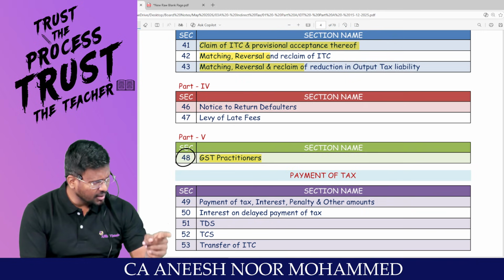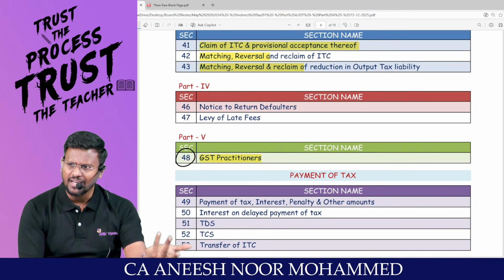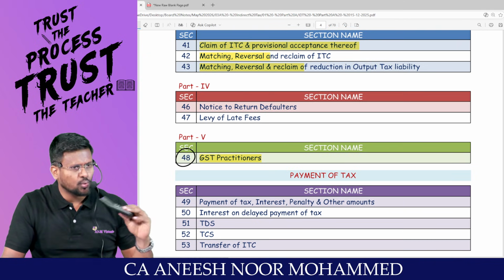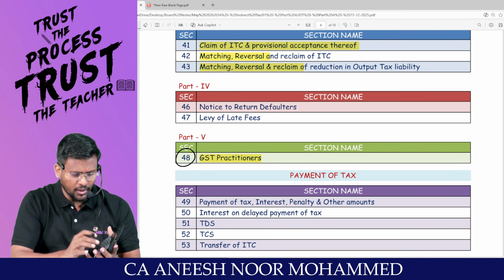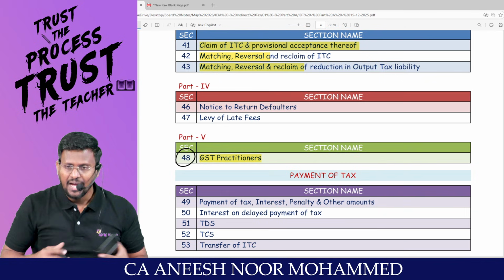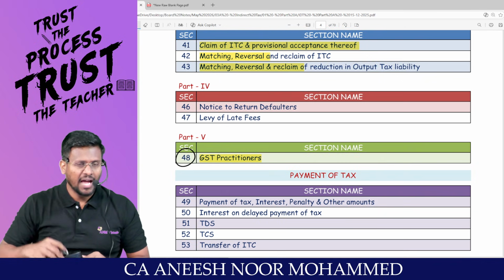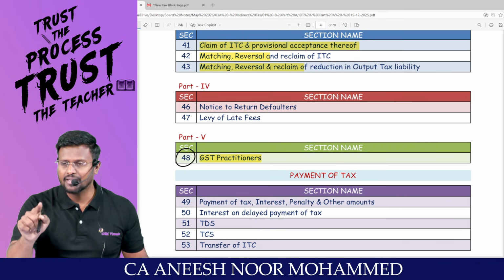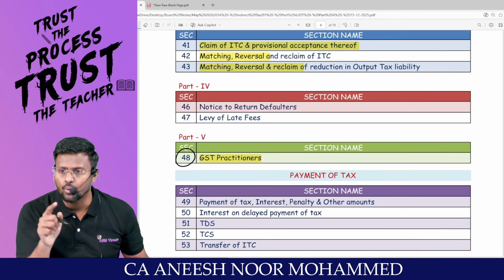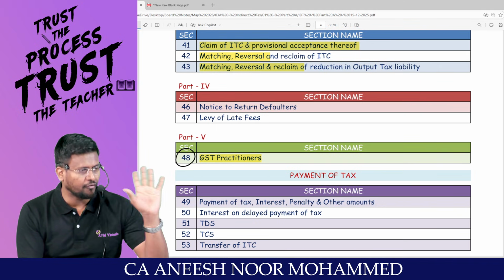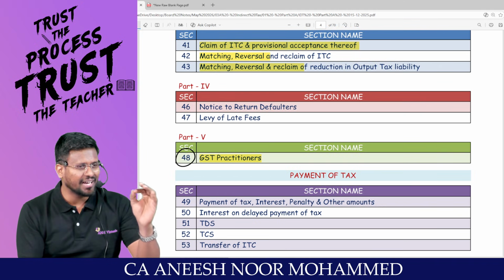Are you filing your return? At the time of filing the return, pay the tax also. Because have I sold a calculator? At the time of selling the calculator, have I collected any output tax? At the time of purchase of the calculator, have I paid any GST? Check whether that GST is blocked credit or allowed credit. If it is allowed credit, you can knock it off against the output tax collected. Then you will get the net GST payable.